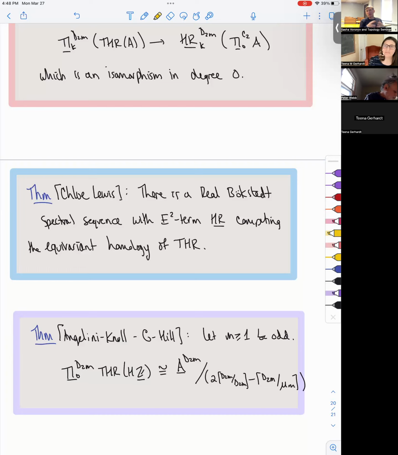Or you start with something for which the involution is trivial, but then still at the level of topological real Hochschild homology, or real Hochschild homology in the algebraic case, you will get something non-trivial, I guess. Right? Yeah, it's a good question.